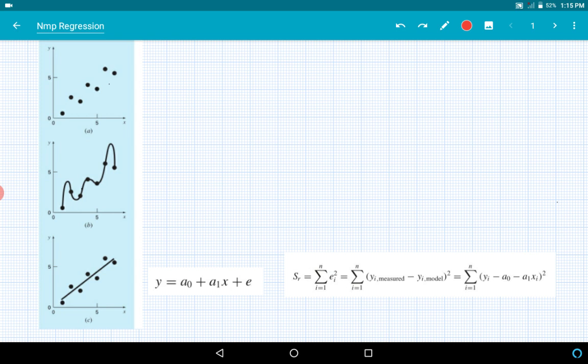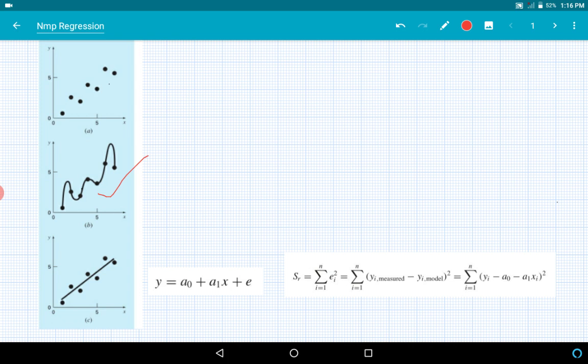So basically regression is also a part of curve fitting only, but we'll see it in a different light for numerical methods. One thing you can do is connect all the points so that the equation at every point is satisfied by a complex curve as shown in figure B. You are connecting all the points by a complex curve which is a higher order polynomial.